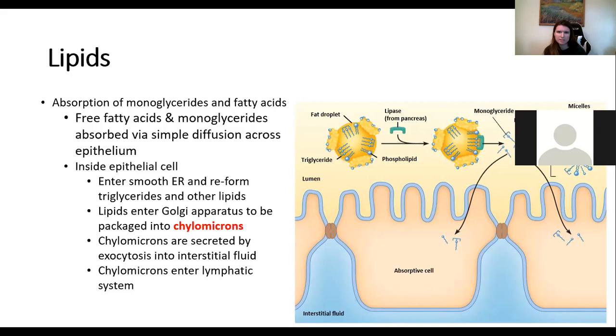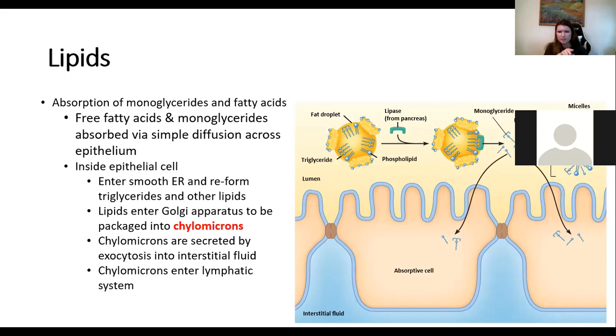So our carbohydrates and our amino acids from our proteins are going into your blood and they're going to be in your plasma. But our lipids that we're absorbing from food, our chylomicrons, actually first go into the lymphatic system. I think it's in the previous PowerPoint.